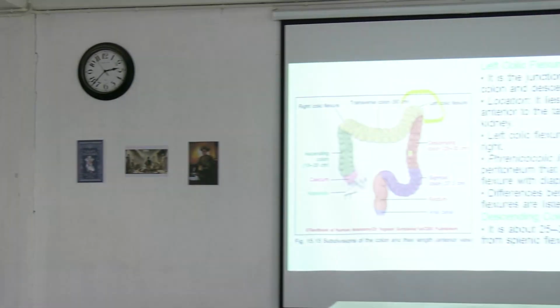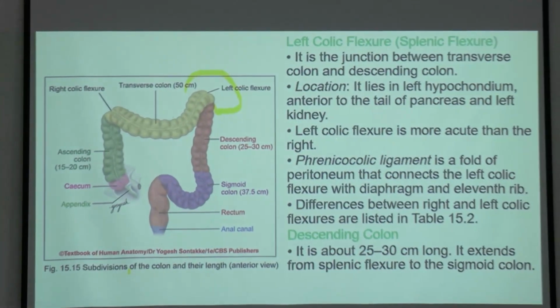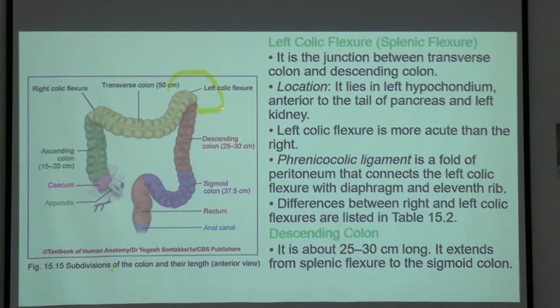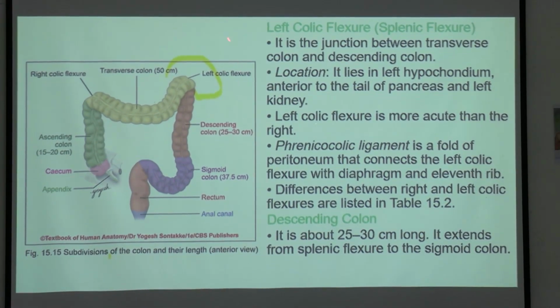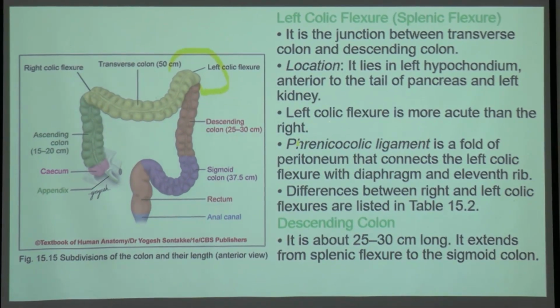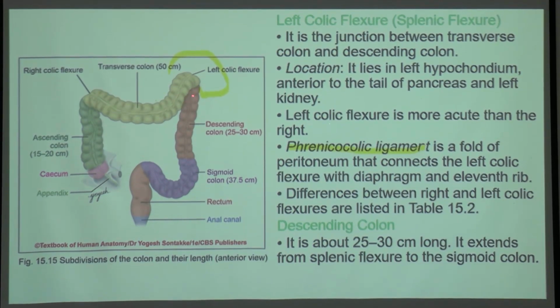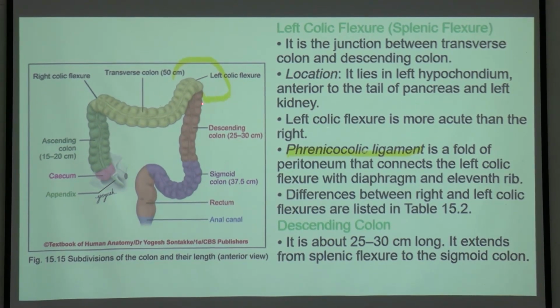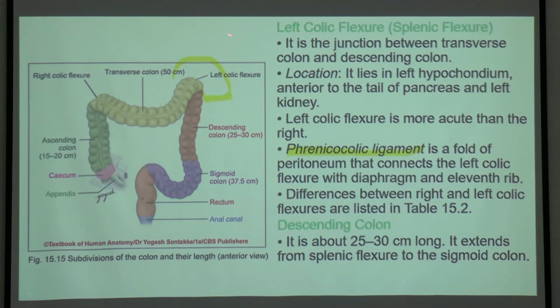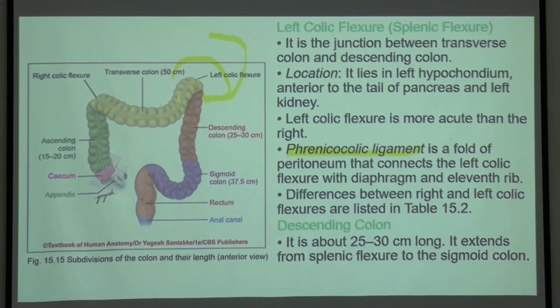We can imagine this spleen, and from here one peritoneal fold can come up and go up to the diaphragm. We can imagine there is a diaphragm, and from here a fold of peritoneum will move to the diaphragm.